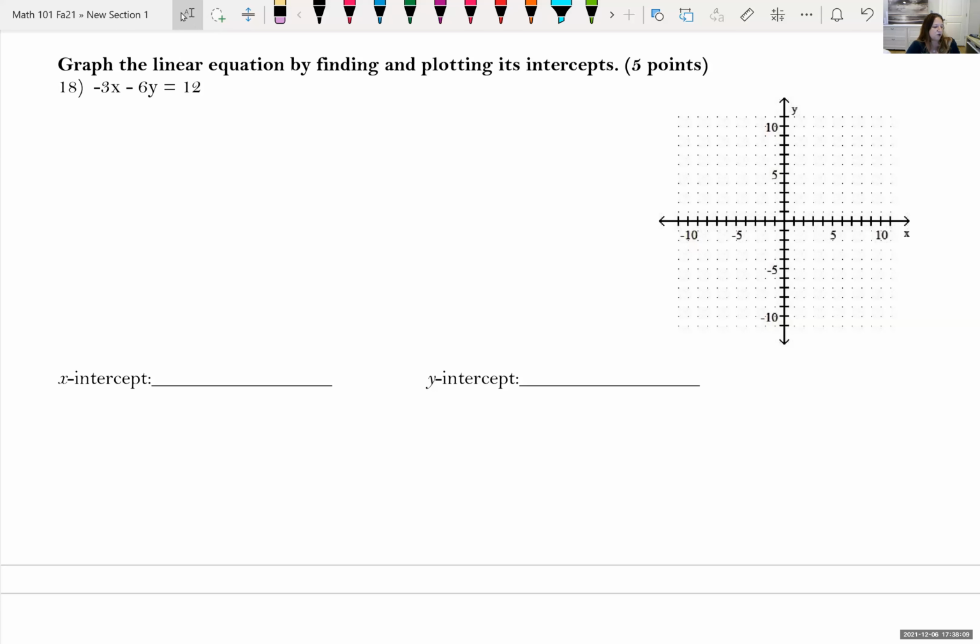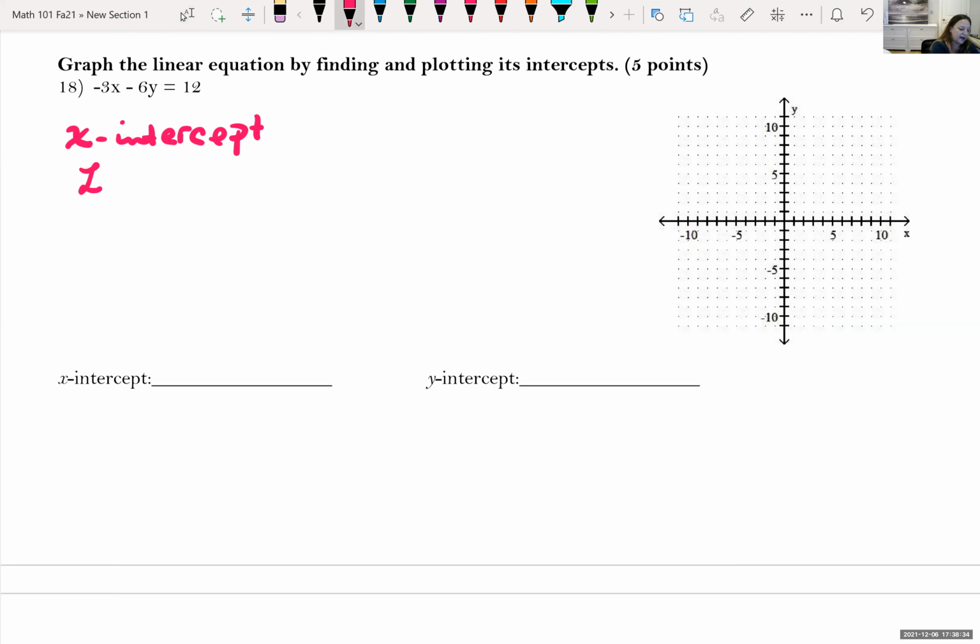Okay, so the next problem says we have -3x minus 6y equals 12. We want to graph the linear equation by finding and plotting its intercepts. Okay, so recall to find our x-intercept, we know that y is always 0 when we have a point on the x-axis.